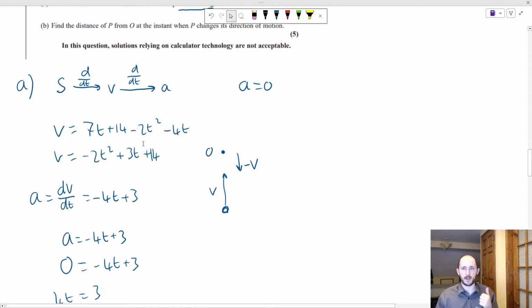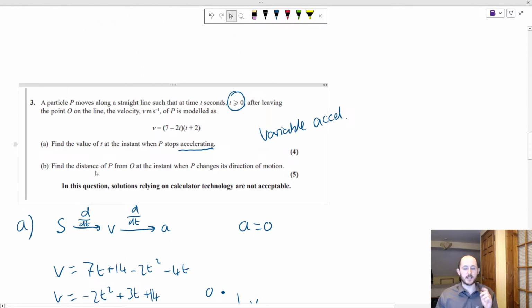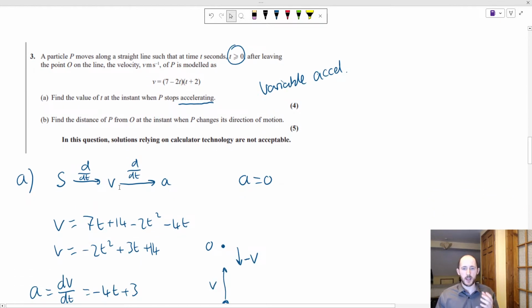Brilliant. Okay? It says find the distance of P from the origin. Well, we need to know what S is. We need to know the displacement. So, I said to go from S to V and V to A, we differentiate. To go backwards, well, what's the opposite of differentiating? It's integrating.